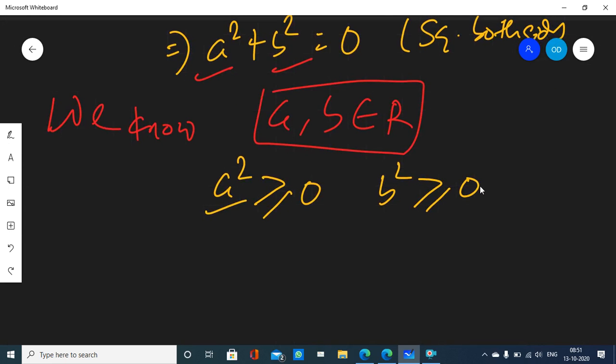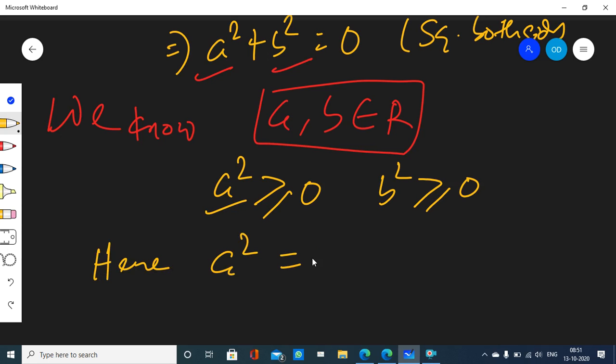Imagine, if both were positive, or one positive and the other 0, the sum would never be 0. So that means here a square is equal to 0 and b square is also equal to 0, otherwise their sum will not be equal to 0.